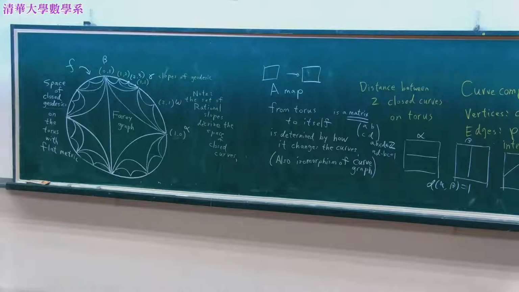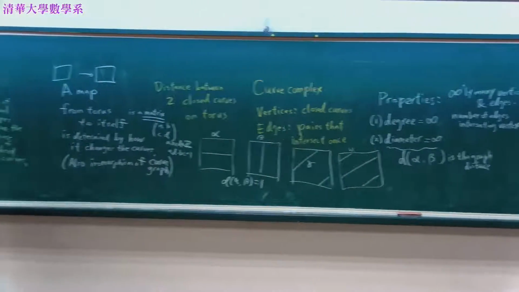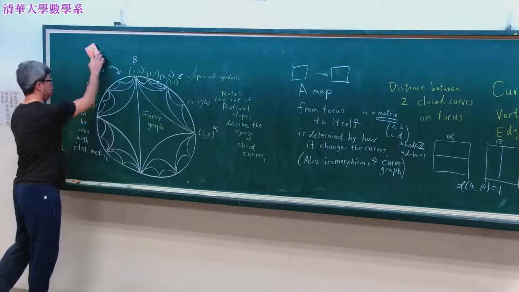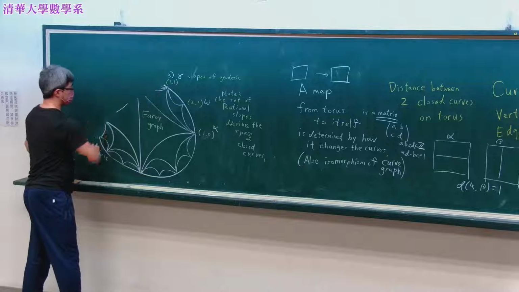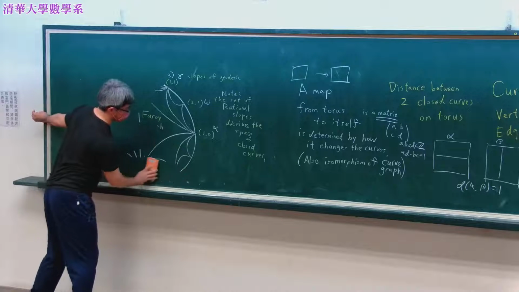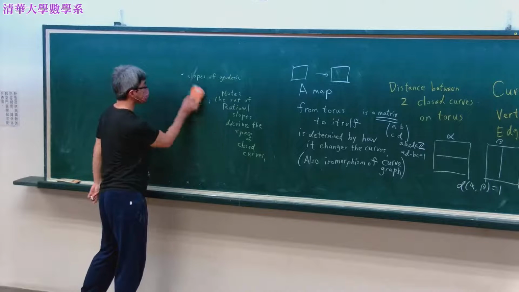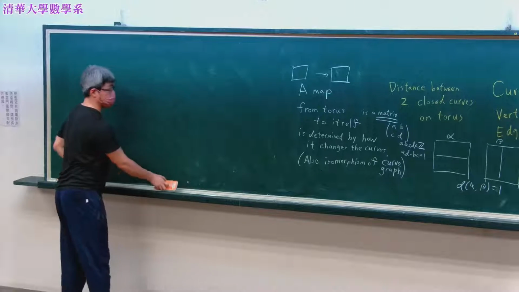The curve complex is not something that only lives on the torus, and as we said, the torus is the age-old example that has been around forever. So we're going to stop thinking about it and just move on to more complicated objects, because the same story works for more complicated objects.